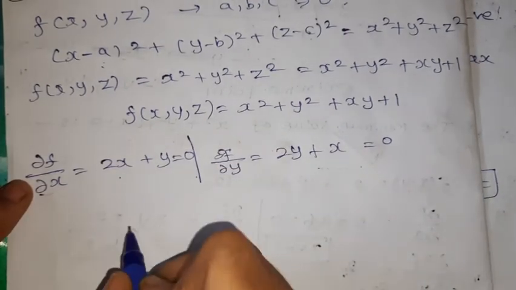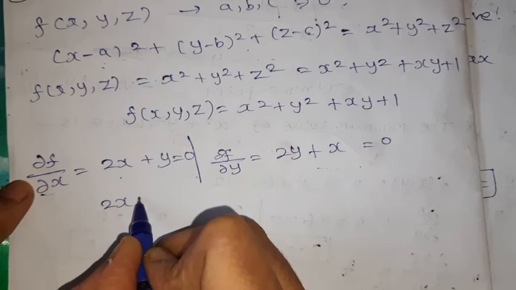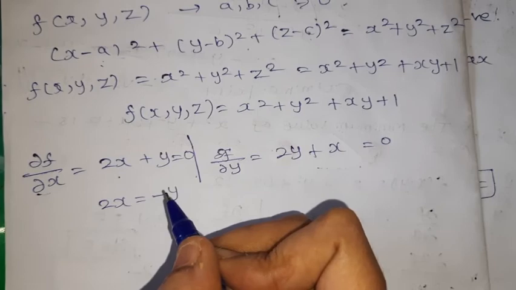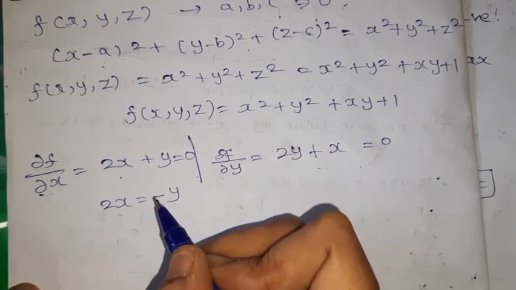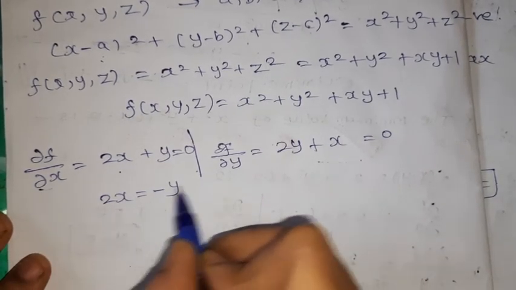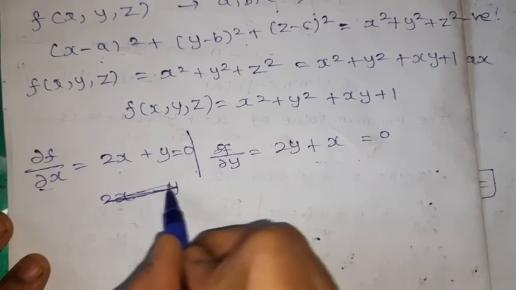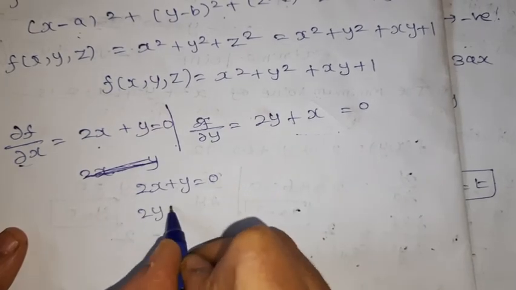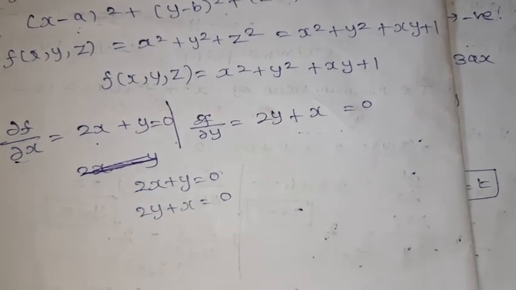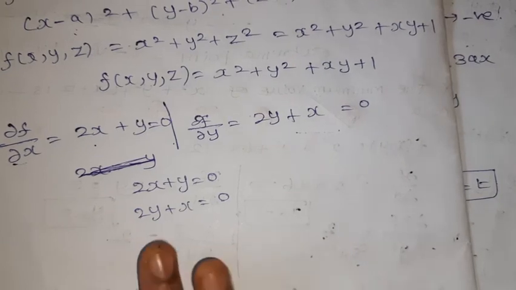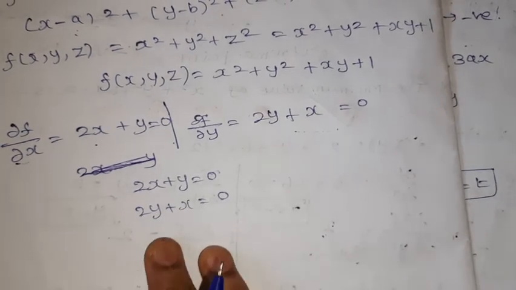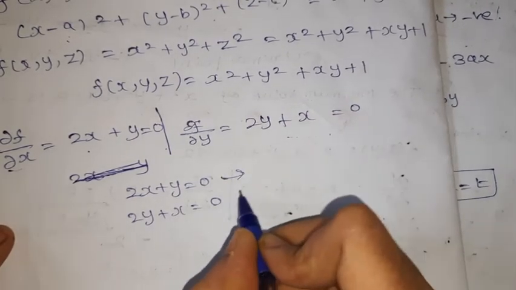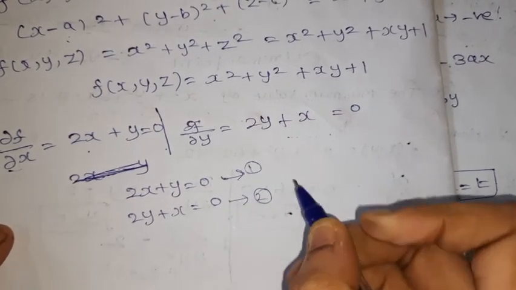So 2x plus y equal to 0 and 2y plus x equal to 0. By solving these two equations, we can find out the x and y points.